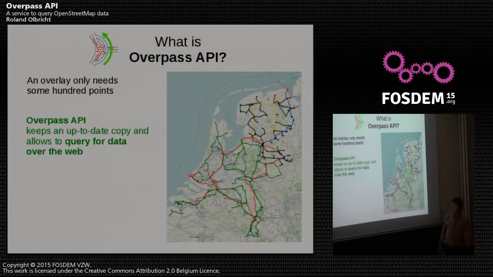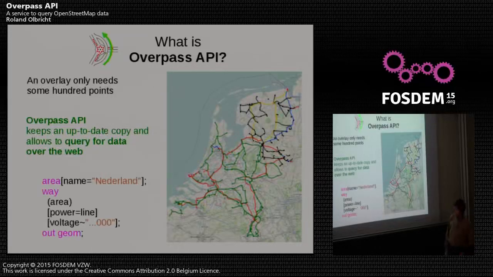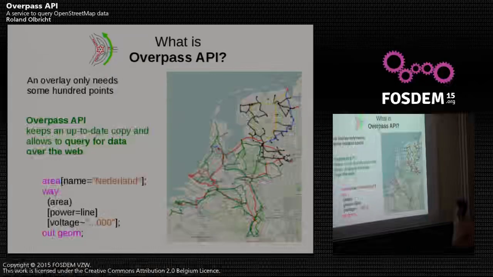So the Overpass API supplies you with a language such that you can query the entire database and get the result in time, including the latest edits. For example, these 6 lines suffice to get the whole power line network of the Netherlands.